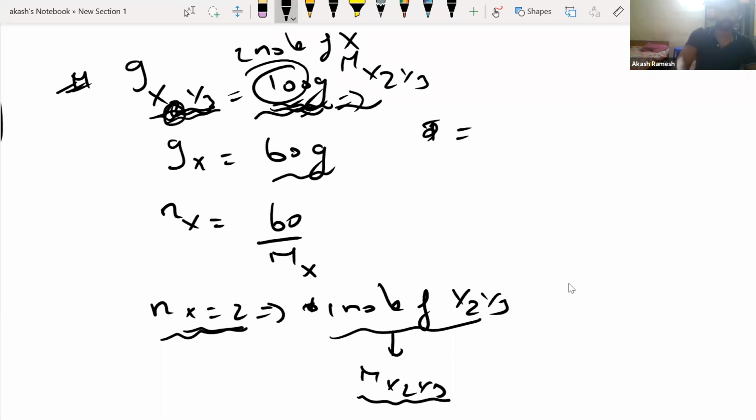Now, how can I write? This would be the number of moles of X into the molecular mass of X plus the number of moles of Y into the molecular mass of Y is 100. This we know. And the mass of X is 60 grams.